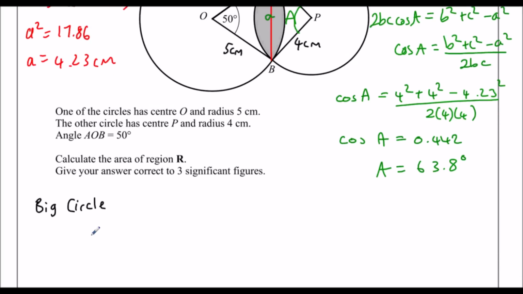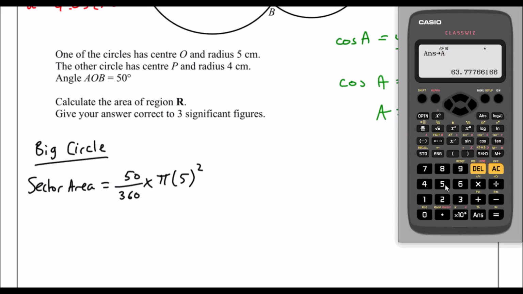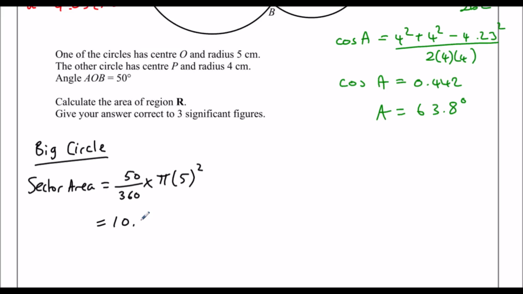So for the big circle, let's just write sector area, it's 50 degrees out of 360 times the area of the whole circle, which is pi times the radius squared. So 50 over 360 times pi times the radius squared. So the sector area is 10.9.